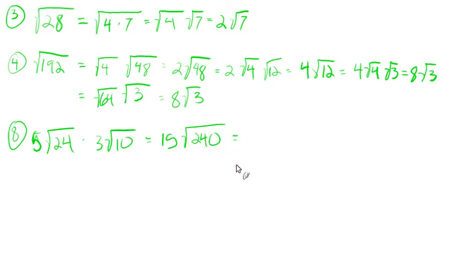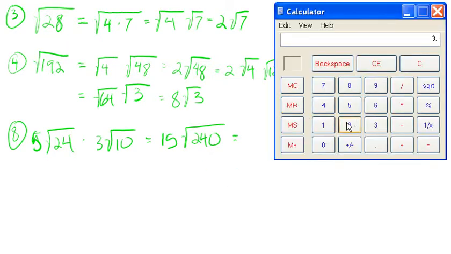All right. So now let's see if we can simplify the square root of 240. So why don't we pull out our calculator and see, is 240 divisible by 4? Of course, 60. Okay.